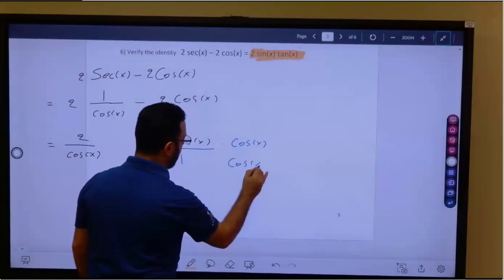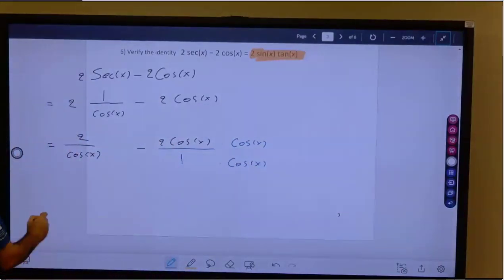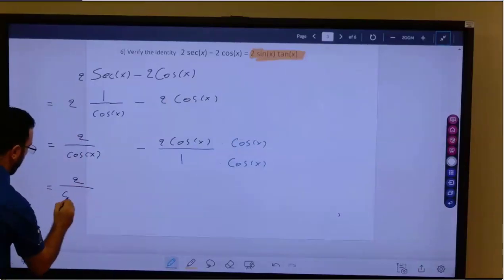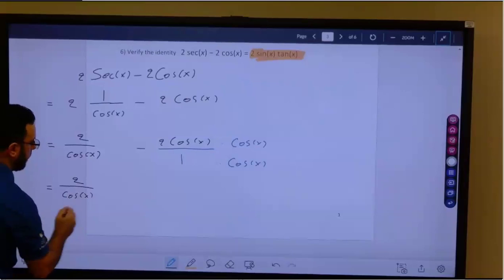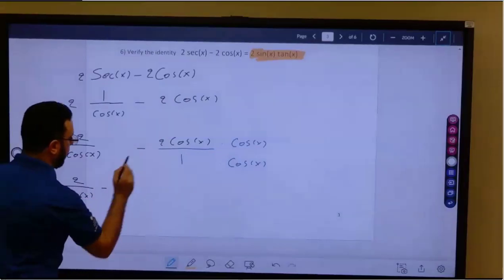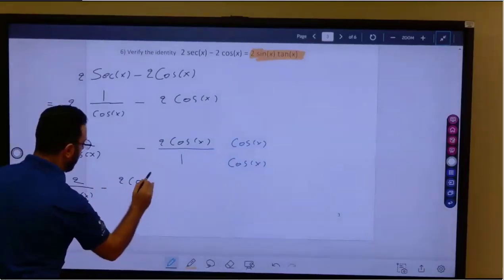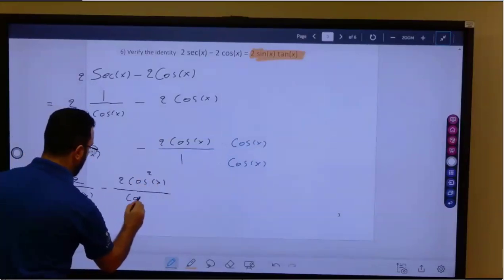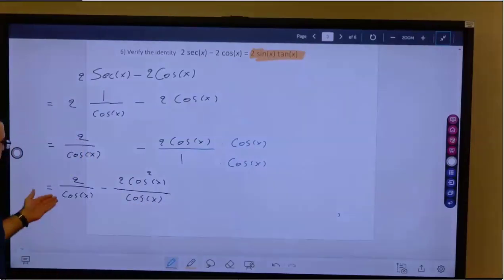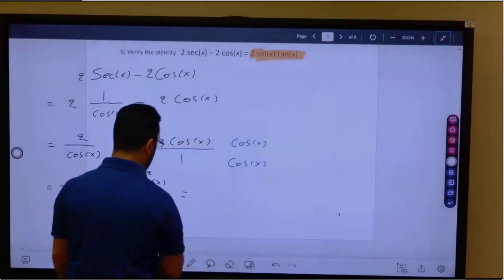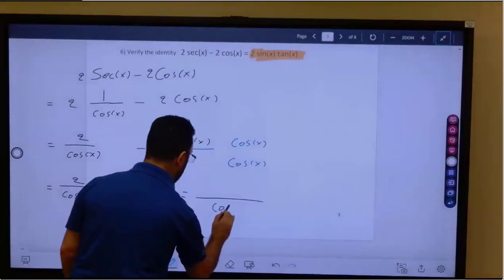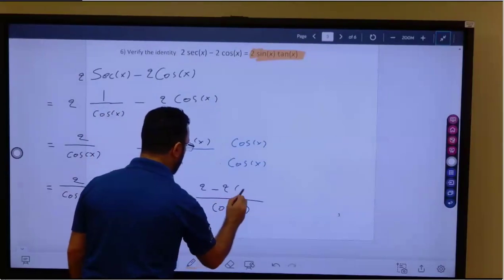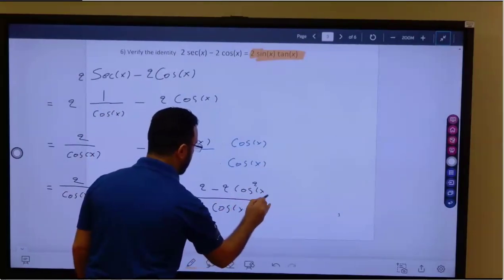So in this case, we're going to get 2 over cosine x minus 2 cosine squared x, divided by cosine x. Now we have the same denominators, so the numerator is 2 minus 2 cosine squared x.